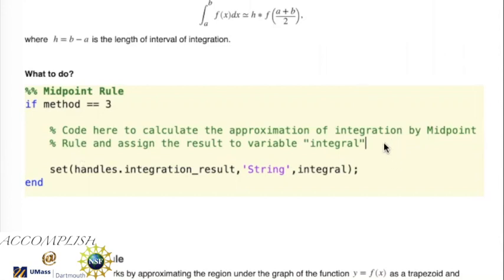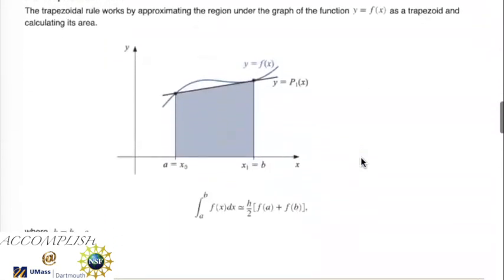And the next one is called trapezoidal rule. So this is like an advanced version compared to the midpoint. And what it's using is a trapezoid, which is formed by these 4 points.